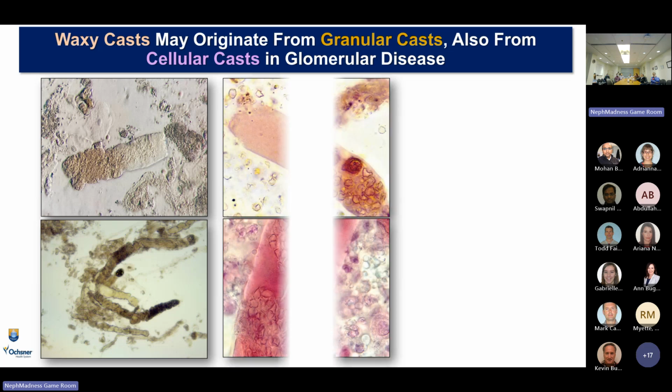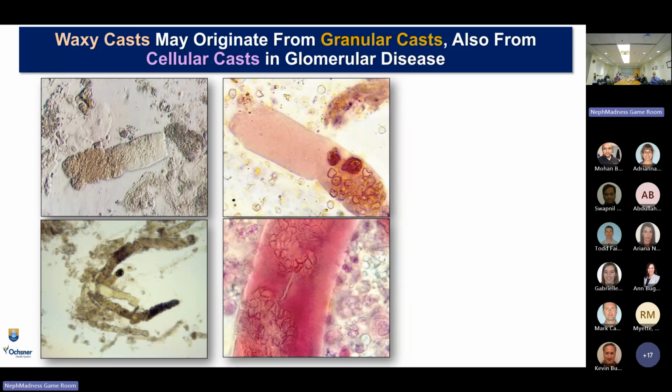But it's also important to recognize that occasionally you will see waxy casts with cellular elements like red blood cells in them, as you can see in these images here, where in this particular specimen, there were no granular casts whatsoever. All you see are either red blood cell casts, waxy casts, or waxy casts with RBCs.